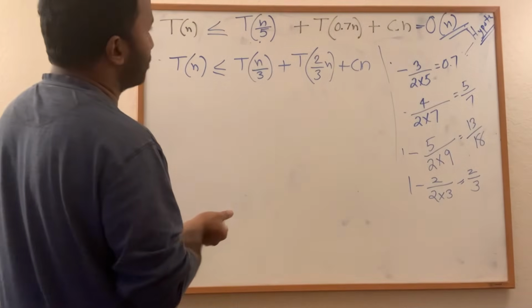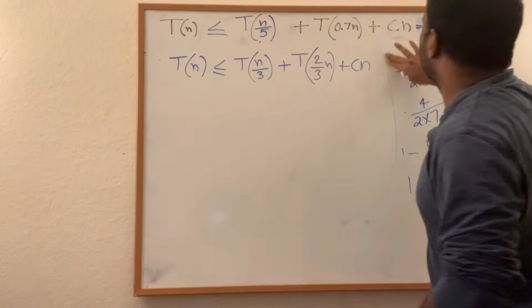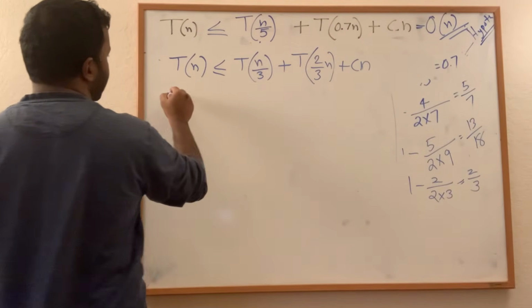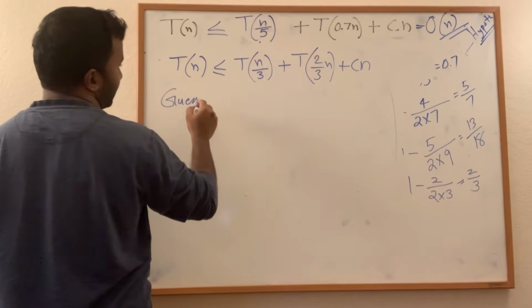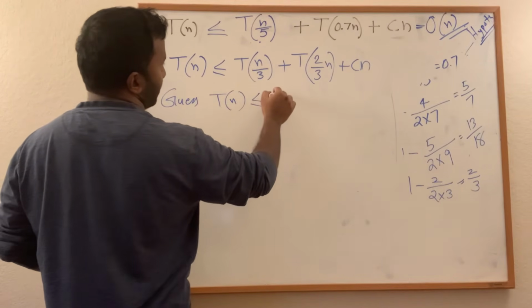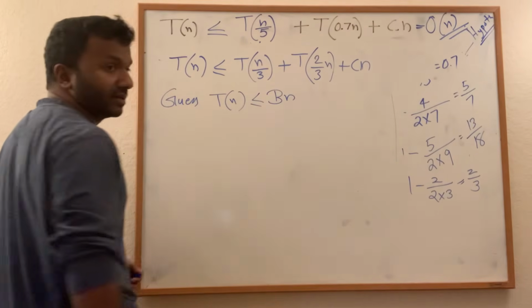So what I really want to prove is this quantity. Basically, I want to make a good guess that Tn is less than or equal to Bn.